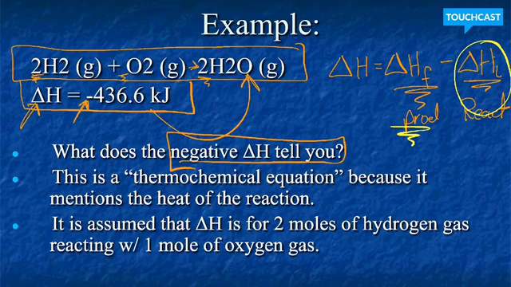Well, the reactants would have to release some kind of energy out into the environment in order for you to have a negative delta H. So remember, this would be an exothermic process, and an exothermic process means that the reactants are releasing energy. So a negative delta H means that you have an overall exiting of energy. So, exothermic reaction.